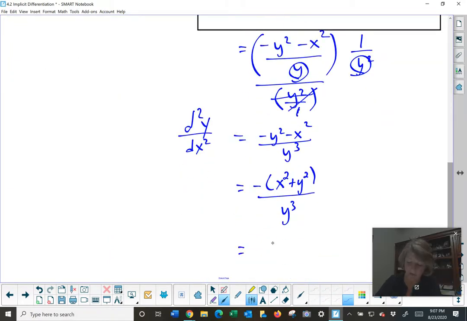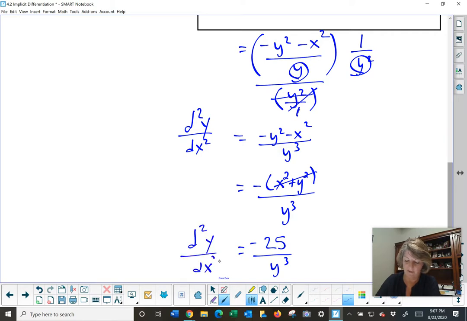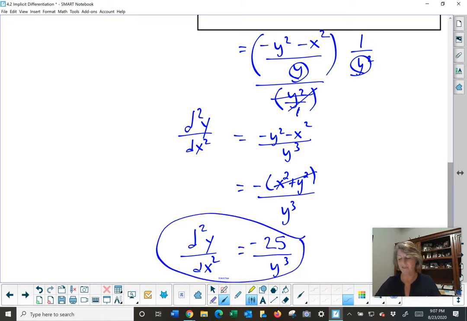So I really could substitute that out with a 25. This will be negative 25 over y cubed is the second derivative. So now you saw another little twist to second derivative problems where you do a little more substituting. Just things to be alert to because it can happen.